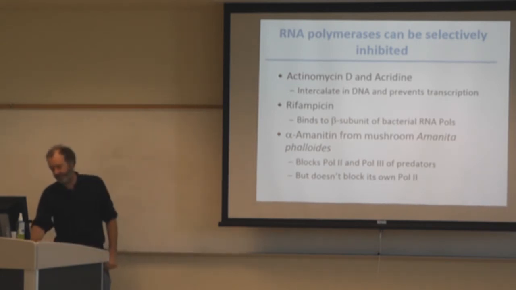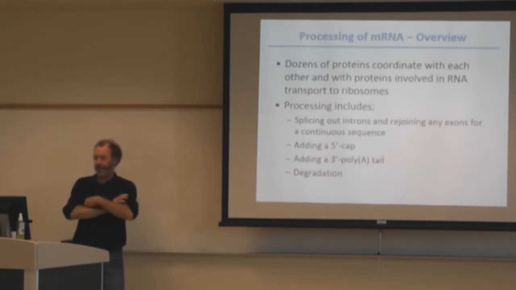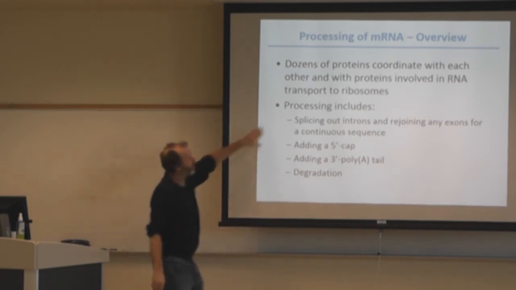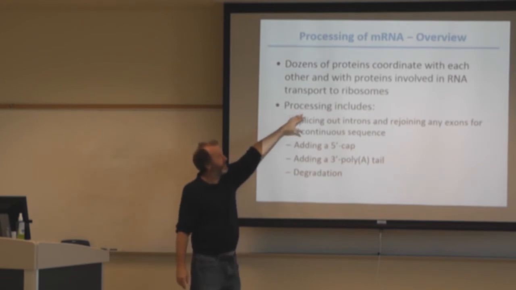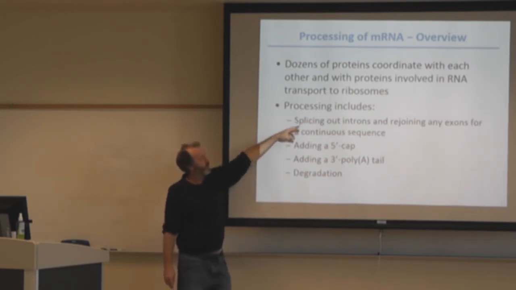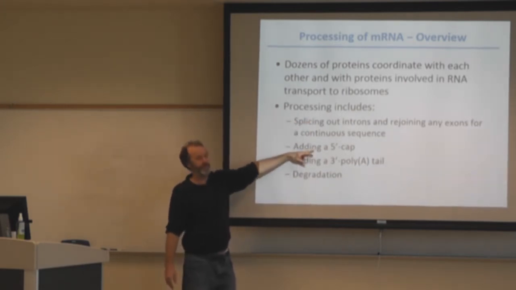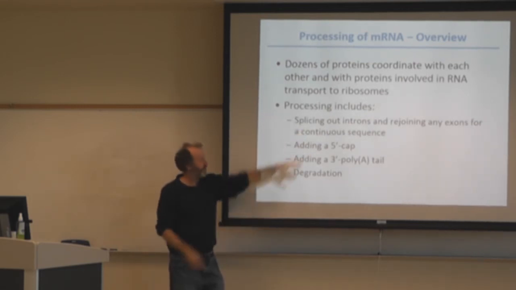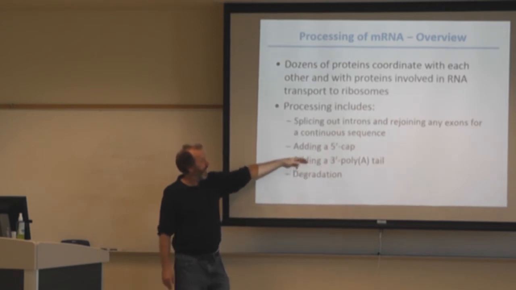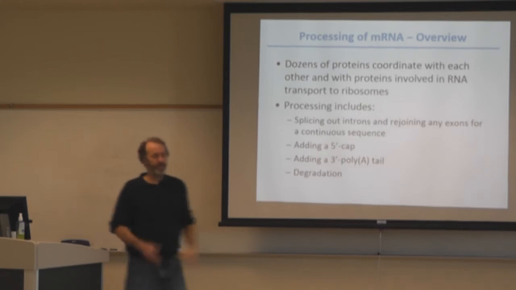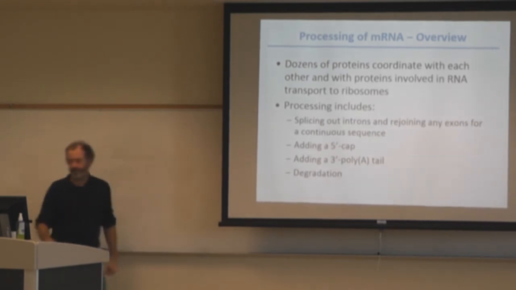Processing of mRNA: dozens of proteins coordinate with each other and with the proteins involved in the transport of the mRNA. Processing includes first we add the 5' cap, then we splice out introns, rejoining the exons, then we're going to add a poly-A tail, and eventually that RNA is going to be degraded once we've made proteins out of it.